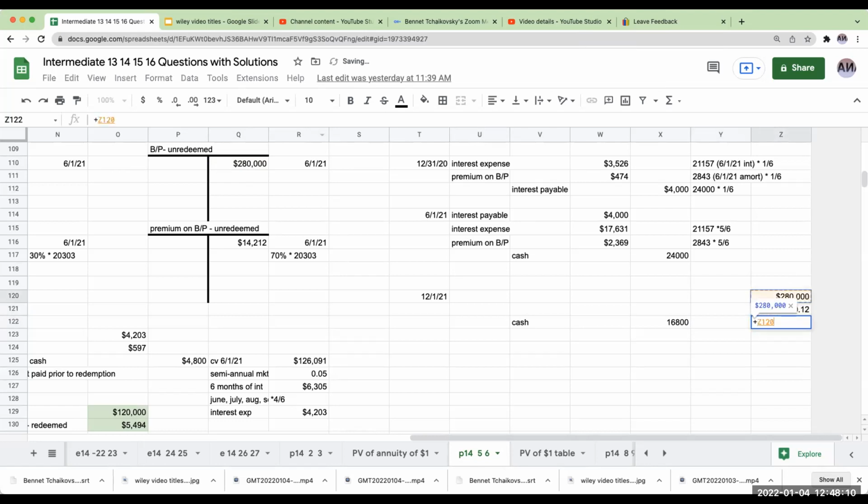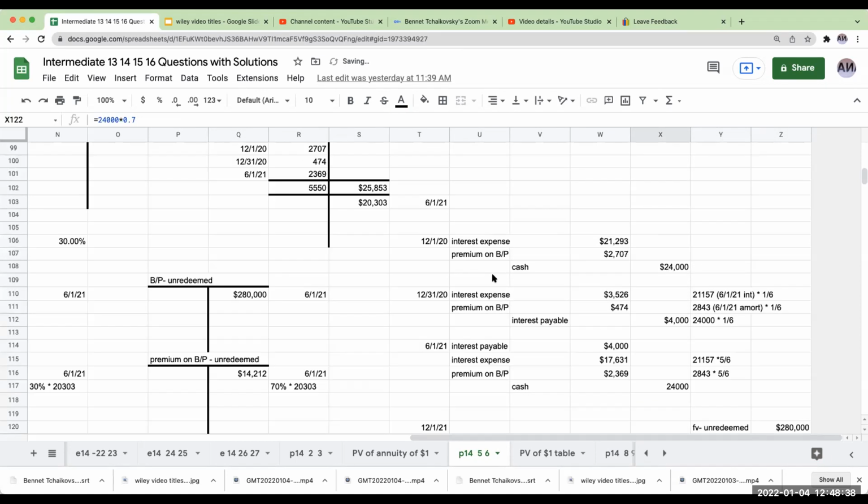My interest rate is at 12%. So my semi-annual interest on this bond is going to be half of that, or 16,800. So that's where that number is coming from.